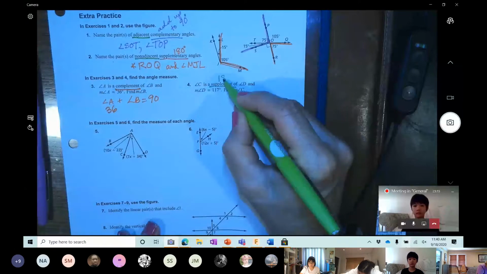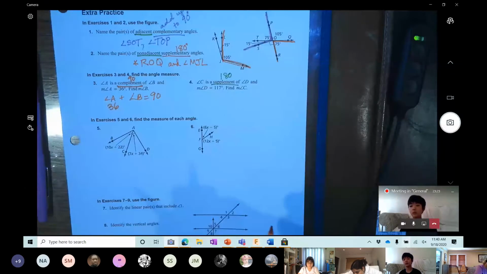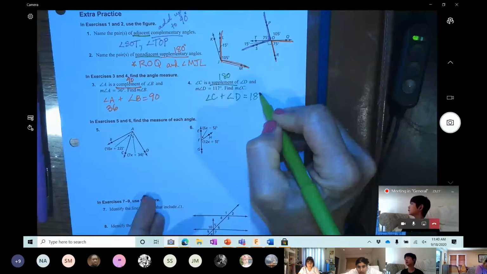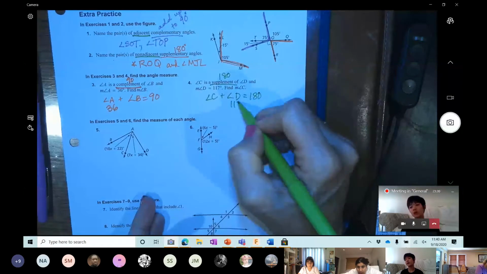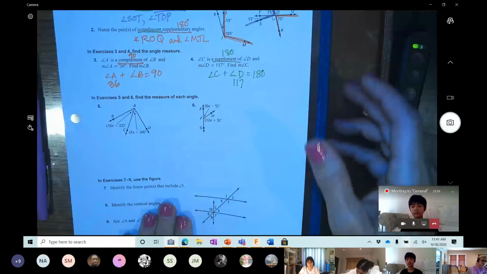Supplement means 180. So it says these two angles add up to 180. So angle C plus angle D equals 180. And you're told that D is 117. So you find C. So those are very simple because you're just subtracting.